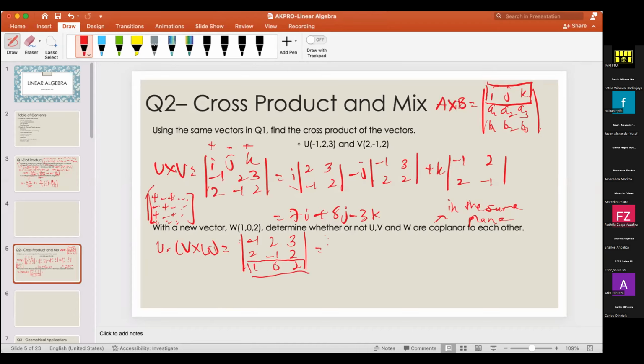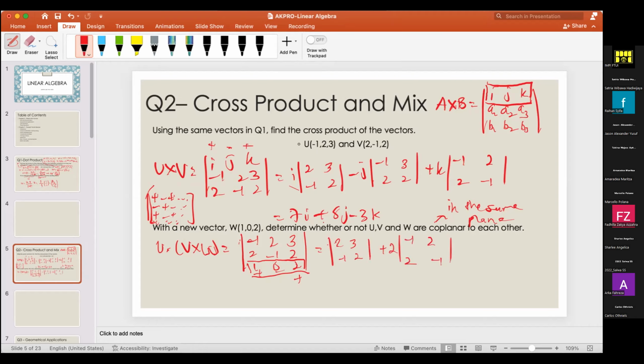So this will result in, this is plus minus plus, 1 times the matrix 2, 3, negative 1, 2 by covering up the first column, plus 2 times the matrix negative 1, 2, 2, negative 1.